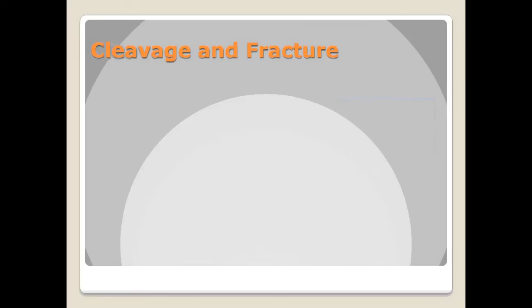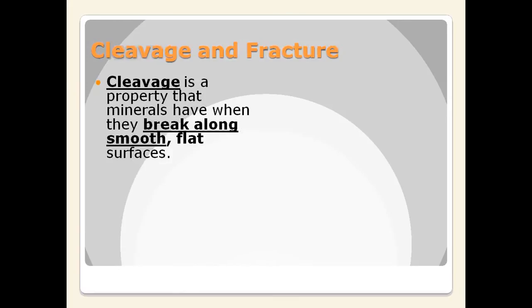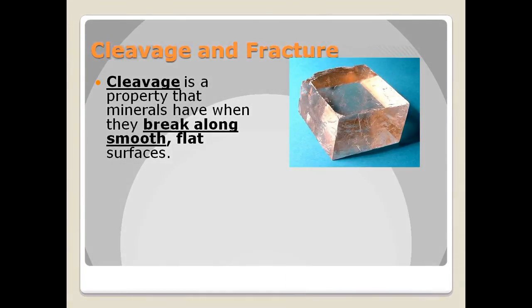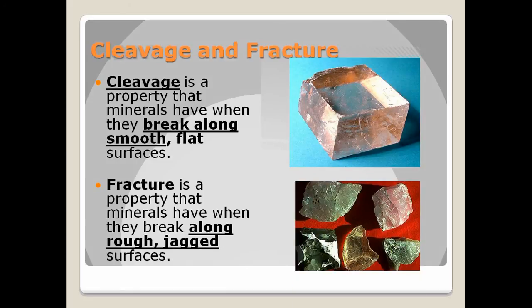The next thing that you have to use to classify minerals is that of cleavage and fracture. Cleavage is a property that minerals have when they break along smooth, flat surfaces. Fracture is a property that minerals have when they break along rough, jagged surfaces. An example of cleavage would be tearing a piece of cardboard that already has the lines in place.